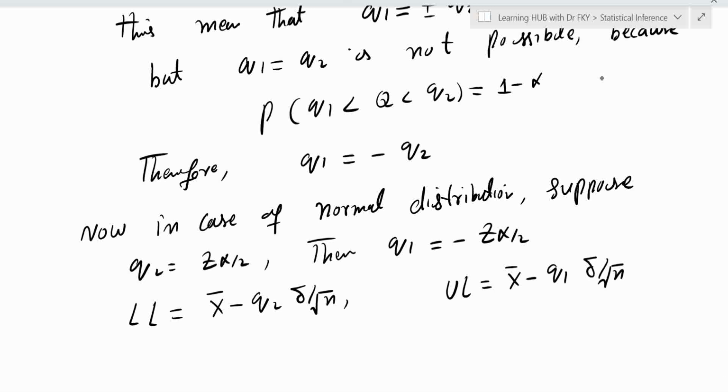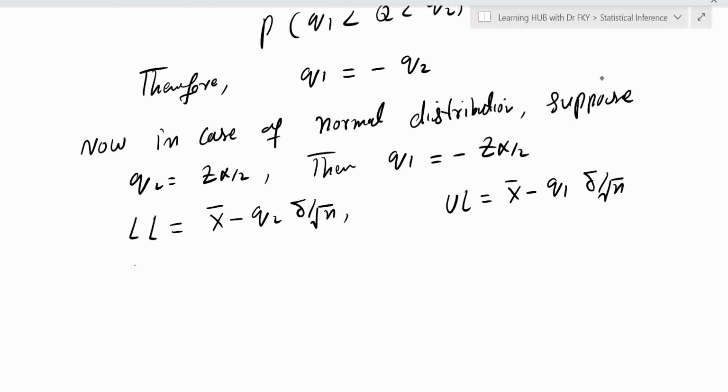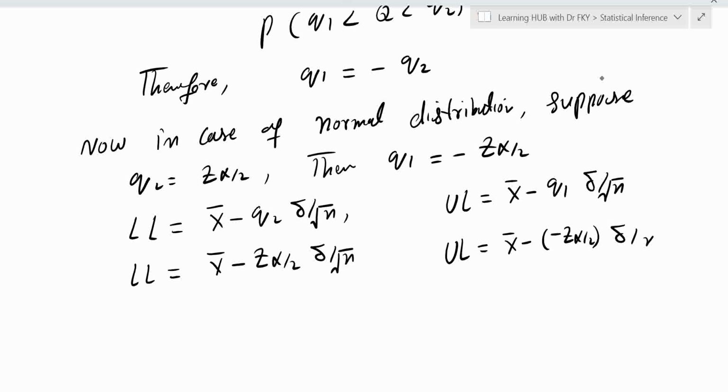Now put Q1 and Q2 in this expression. The lower limit will become x bar minus Z alpha by 2 sigma divided by square root of n, and the upper limit is equal to x bar minus into minus Z alpha by 2 sigma divided by square root of n, which is equal to x bar plus Z alpha by 2 sigma divided by square root of n.